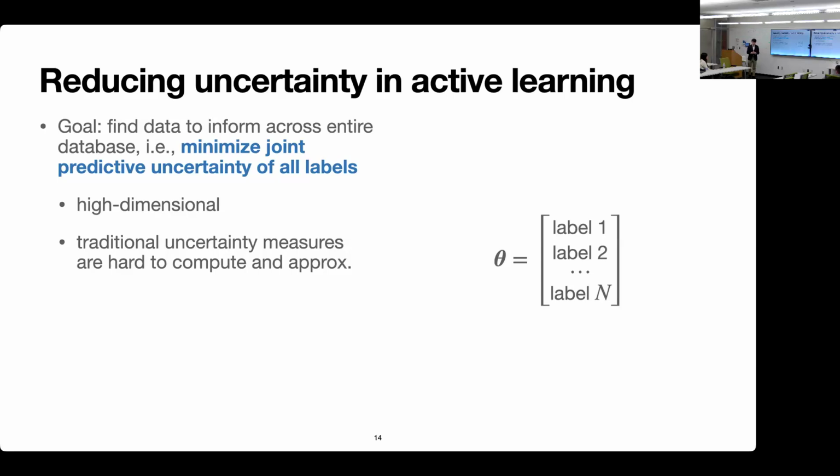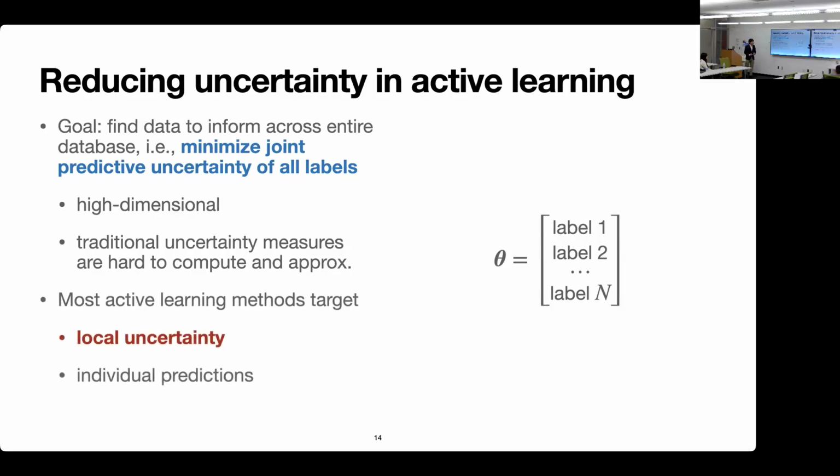But traditional uncertainty measures like variance or Shannon entropy, first of all, don't really do a good job of quantifying uncertainty. Shannon entropy might run into a lot of problems when you're working with very high dimensional spaces.